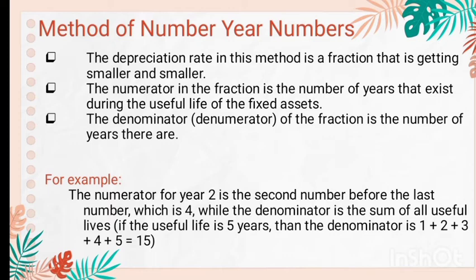Number 3, the denominator of the fraction is the sum of the years. For example, the numerator for year 2 is the second number before the last number, which is 4, while the denominator is the sum of the useful life.